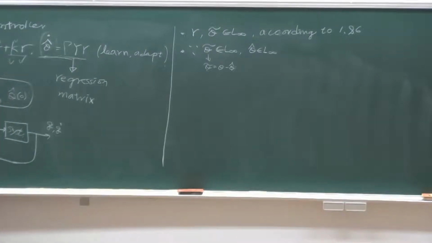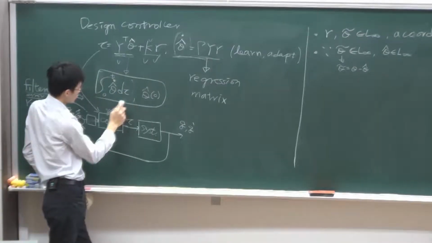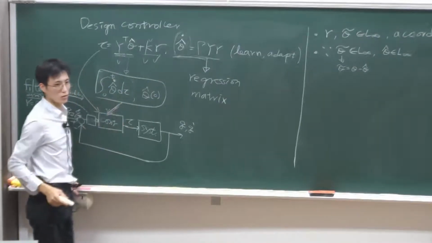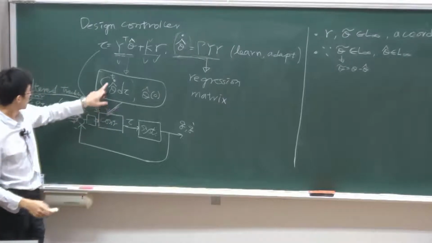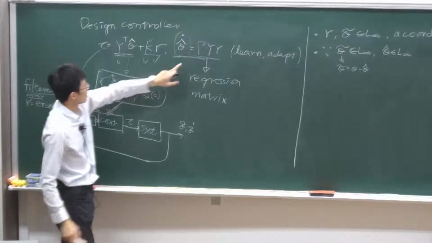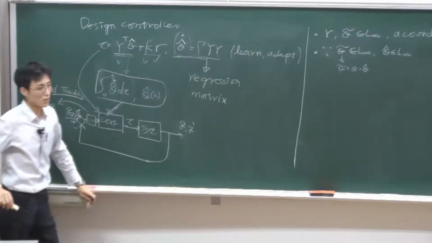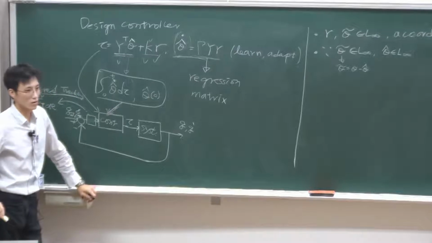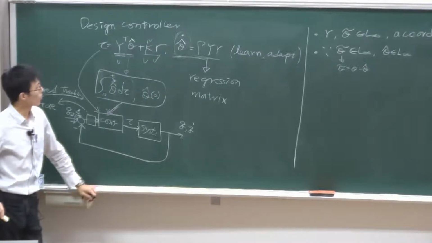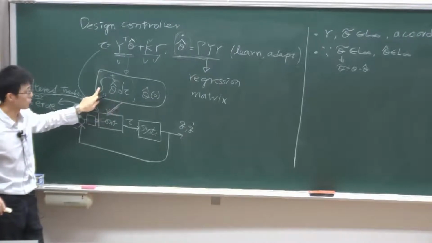So what does that mean? That means that no matter what initial condition you select, the integration of this term will remain bounded. Because the term you are integrating has Y and R signals, and both are time variant. If you integrate something that is always positive, it will eventually go to infinity.